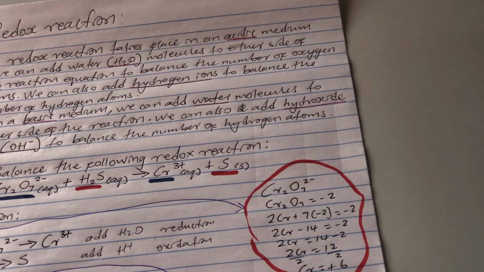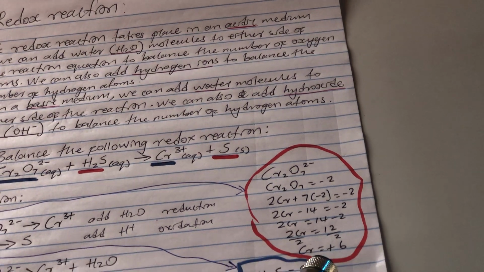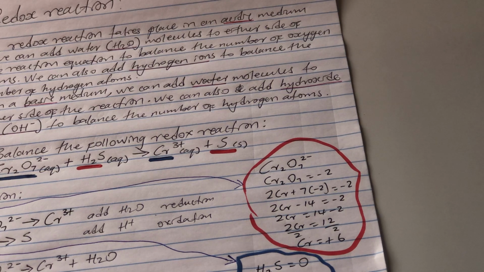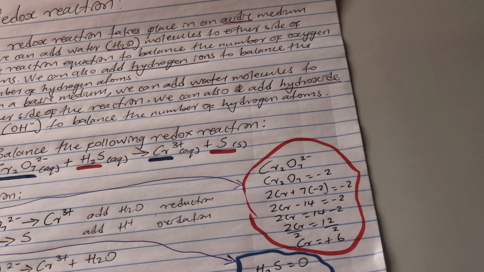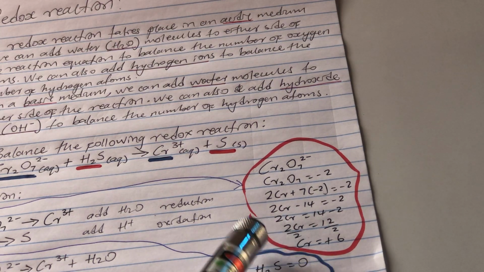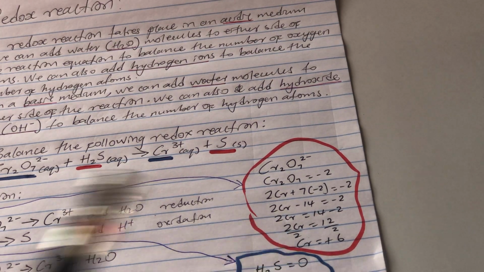At the end, you find that Cr is plus 6. So if you want to refresh your mind, you can go back to part 1 of the redox lesson. That's where the full explanation has been done. But this is how you calculate the oxidation number of Cr.